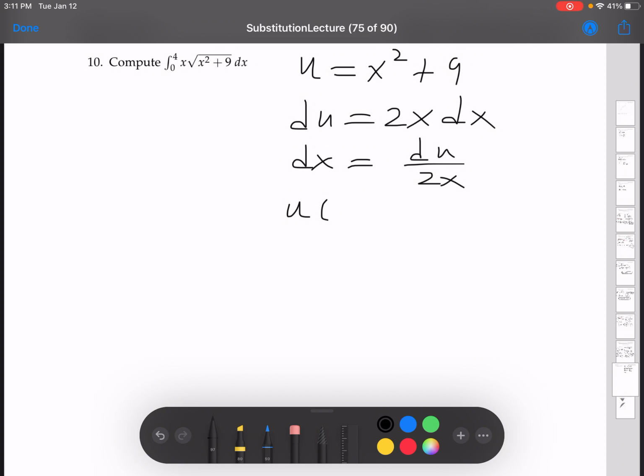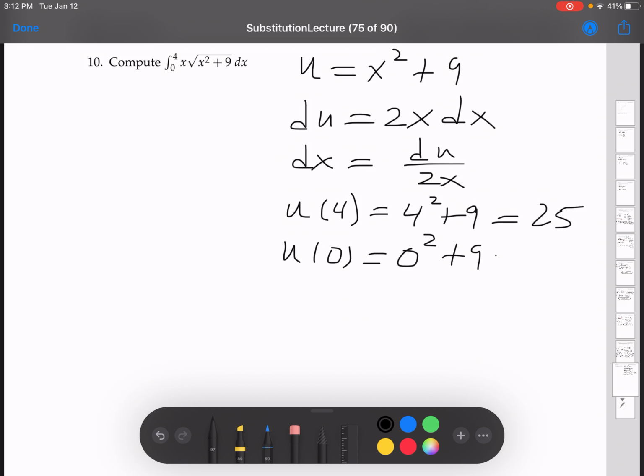So we've got u of 4. Let's see, that's going to be 4 squared plus 9, which is 16 plus 9, is 25. And u of 0, 0 squared plus 9 is 9.